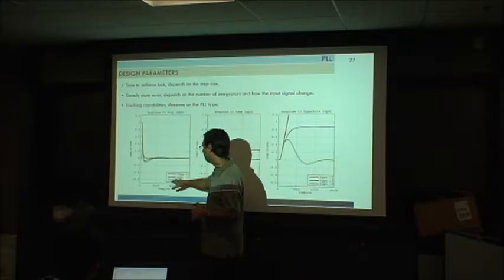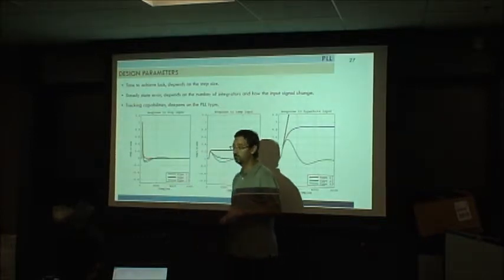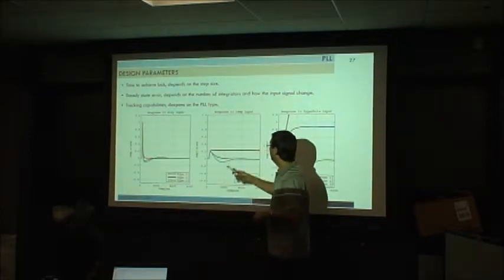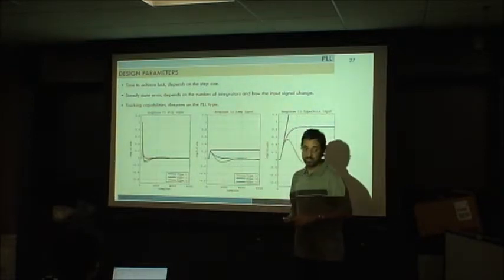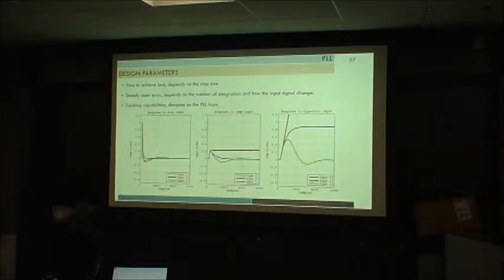You see, all of them more or less try to follow that step. This is how they will respond to a ramp. Instead of a step like this, what you usually have is something like a ramp, so your frequency will be going up or going down, moving like this. This is the most typical case.